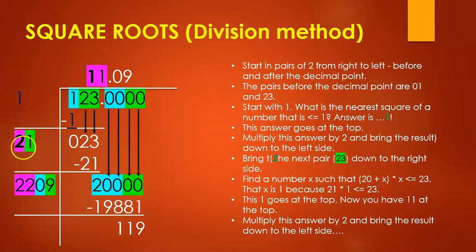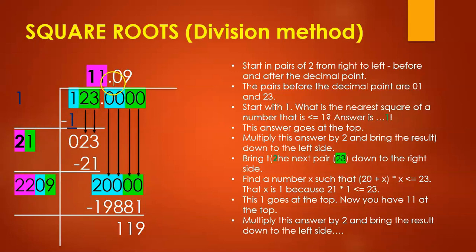We do 21 times 1, giving us 21. That comes here. We subtract 21 from 23. We're left with 2, right? And then we take the 2 zeros down here, and we put the decimal point at the top.